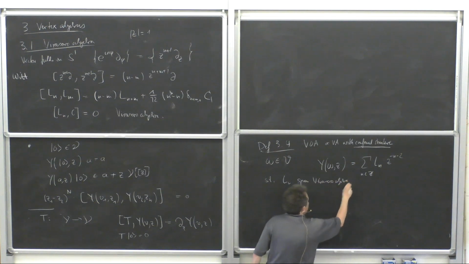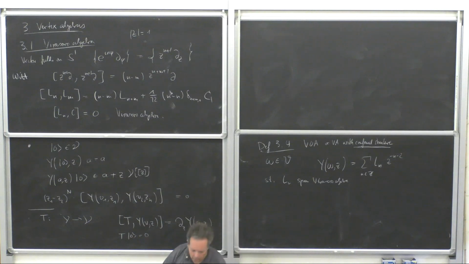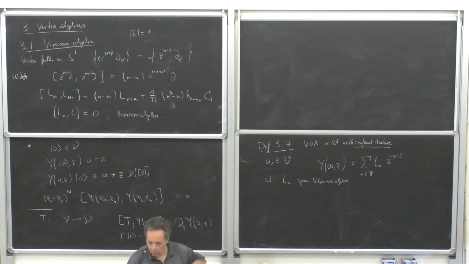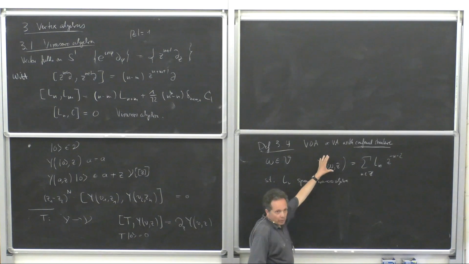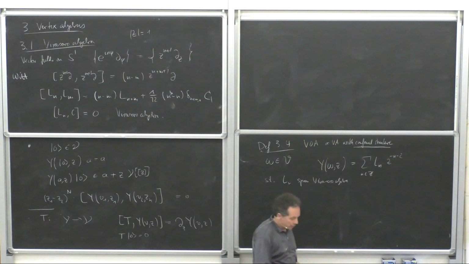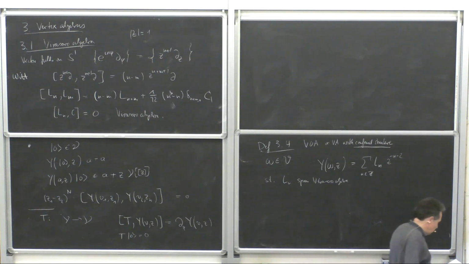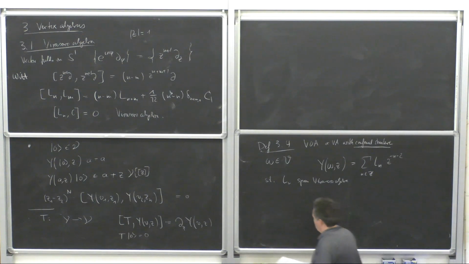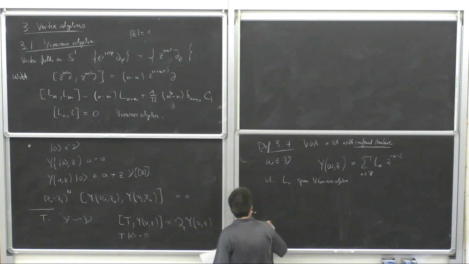So you see, we are not saying later that something will be a representation of a vertex algebra, and then the Virasoro algebra should somehow act on it. It will be automatic, because everything I have in my vertex algebra will act on it, and in particular the Virasoro algebra acts.